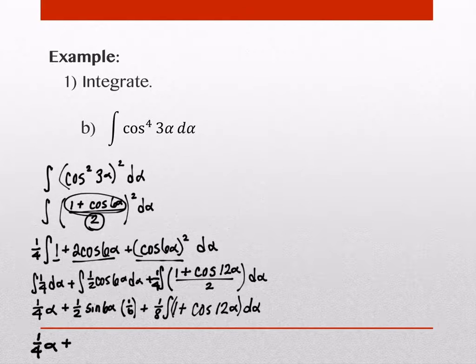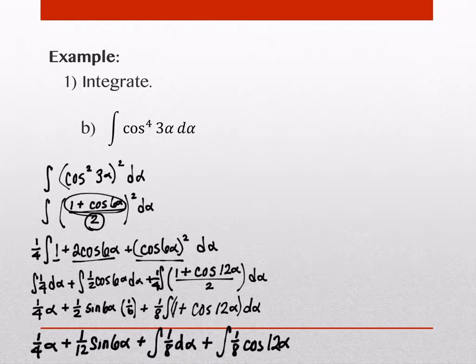1/4 alpha. I've got 1/12 sine of 6 alpha. And then I have plus the integral of 1/8 d alpha plus the integral, and you don't have to separate it to actually write it this way, but if it helps you to see it, then by all means. 1/8 cosine of 12 alpha. Put the 1/8 inside or outside, it doesn't much matter.